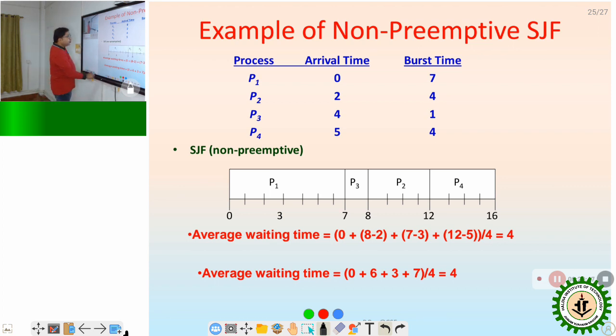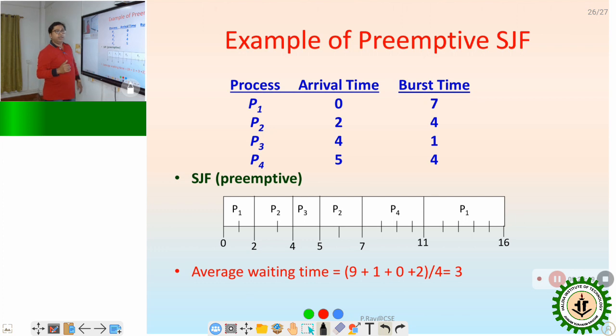Now, if we use the example of preemptive SJF, that means a higher priority process can preempt a lower priority process. In this case, P1 is 0, 7. Look here, P1 is allocated from 0 to 2.